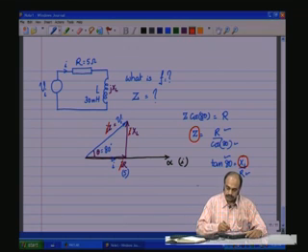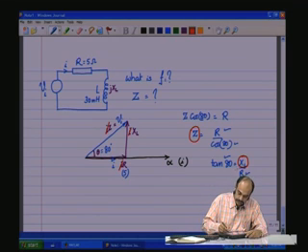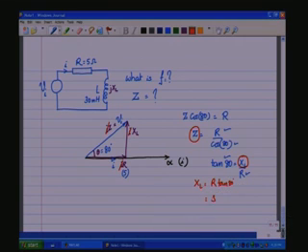So, once XL is known, which is XL equals R tan 80 degrees, which is equal to 5 tan 80 degrees.